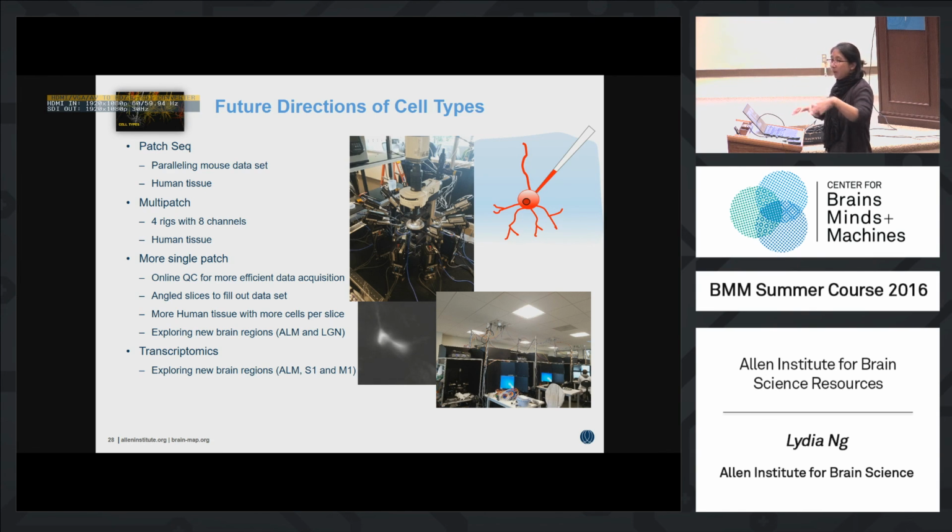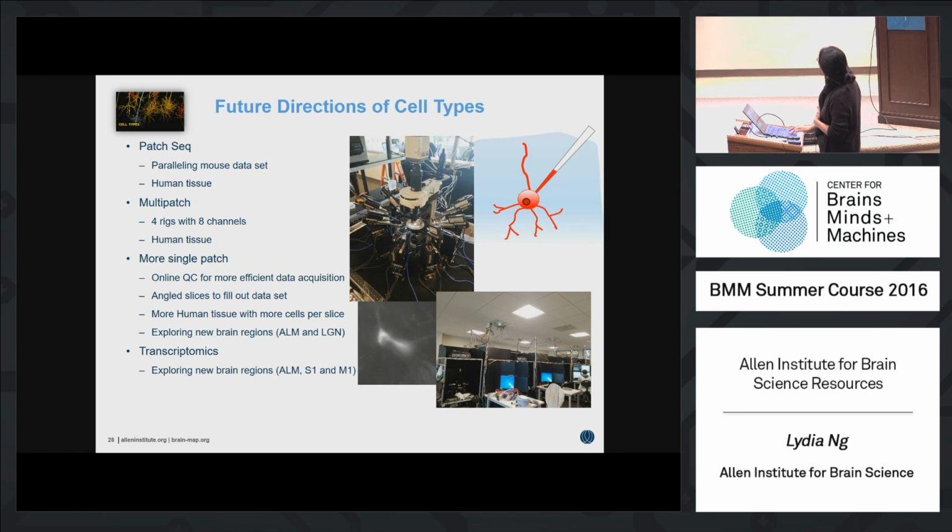When we have multi-patch working, the idea is to patch 4 to 8 cells, in which we will inject current in one cell to see the response in the other cells. So as well as getting a characterization of its intrinsic properties, you can also know which cells it's connected to. With that data, we're going to slowly build up a sort of functional connectome of that data set as well.